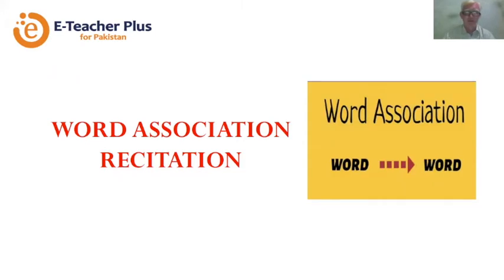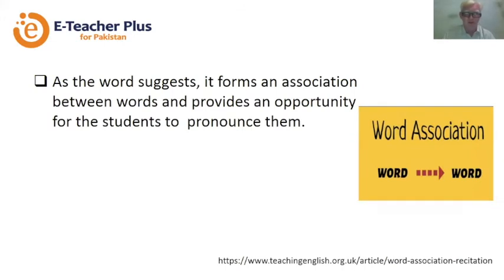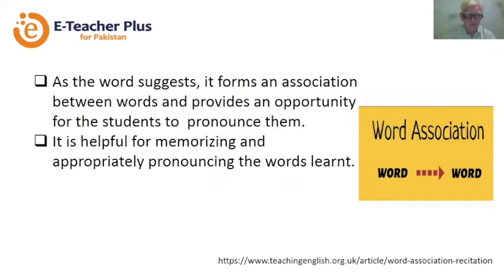The second activity is word association recitation. As the name suggests, it forms an association between words and provides an opportunity for the students to pronounce them. It is helpful for memorizing and appropriately pronouncing the words learned.